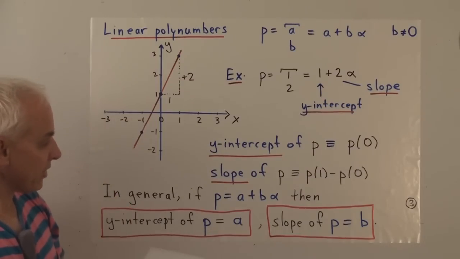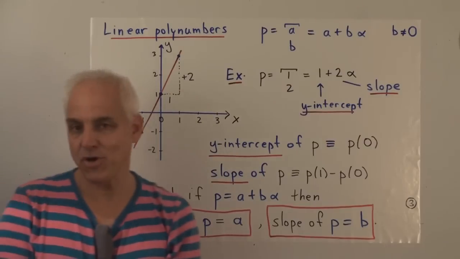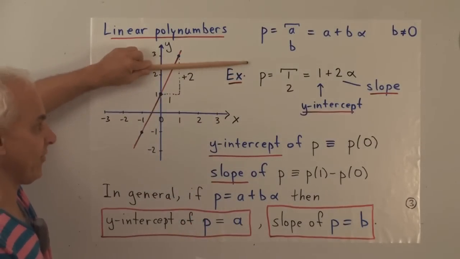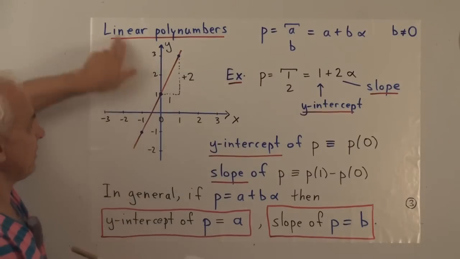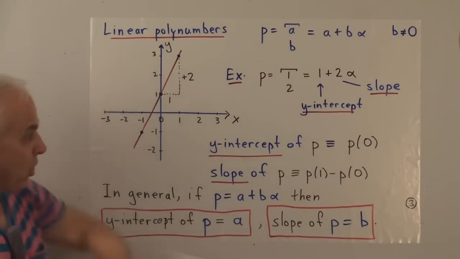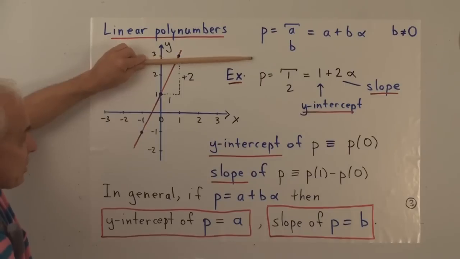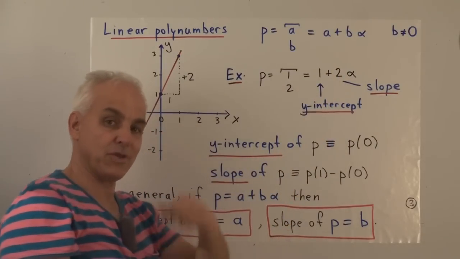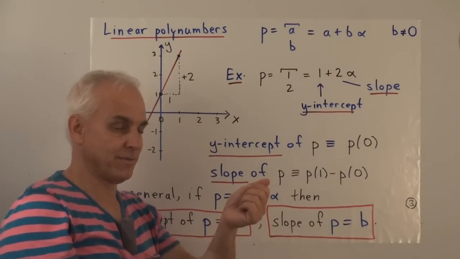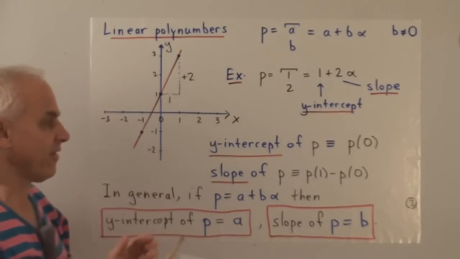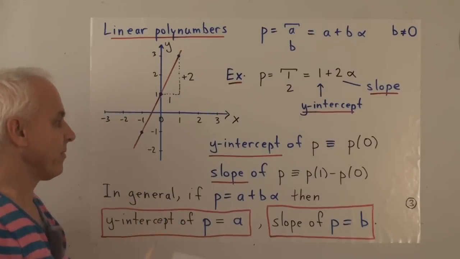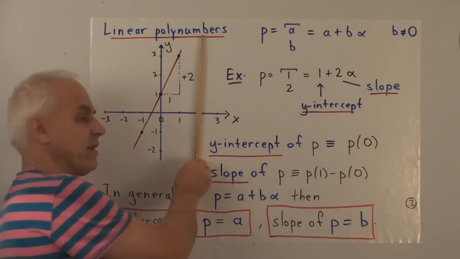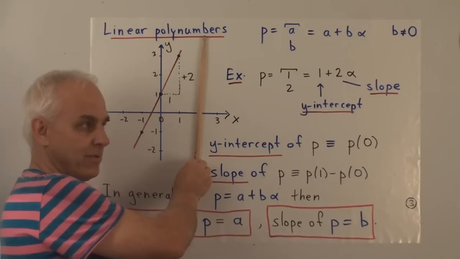Let me point out that there's two kinds of lines that we're not getting here. First of all, we're not getting horizontal lines. They are not linear polynumbers. Horizontal lines are special because they're the cases where the b is 0. Back to that earlier example of constants. That's a special case that's actually degree 0. And the other kind of line that we're not getting is a perfectly vertical line, like this.